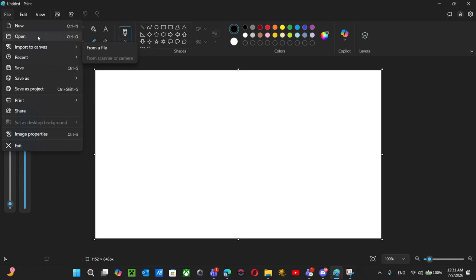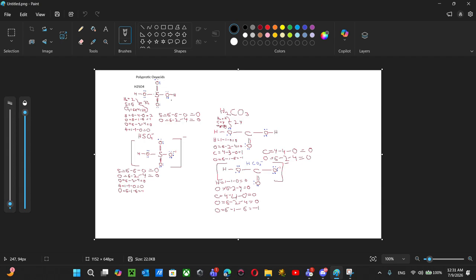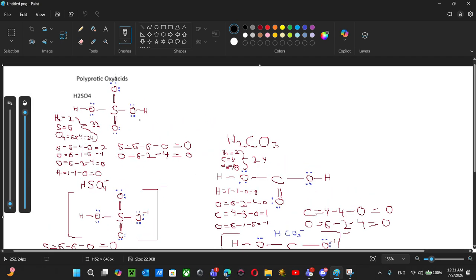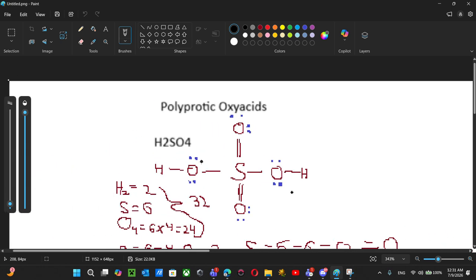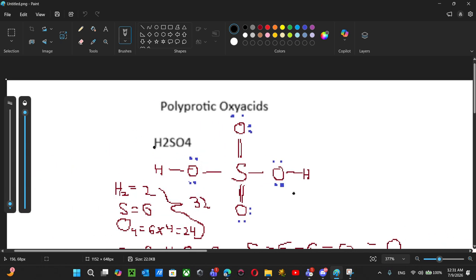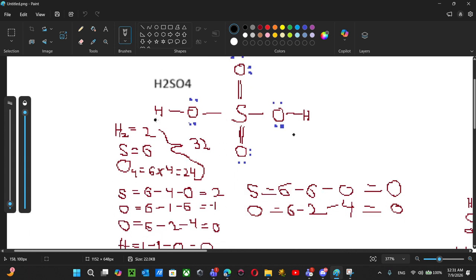We go to files here, recent, untitled PNG, and here we've got polyatomic oxyacids. So I chose to do H2SO4, sulfuric acid, if I'm saying it correctly.